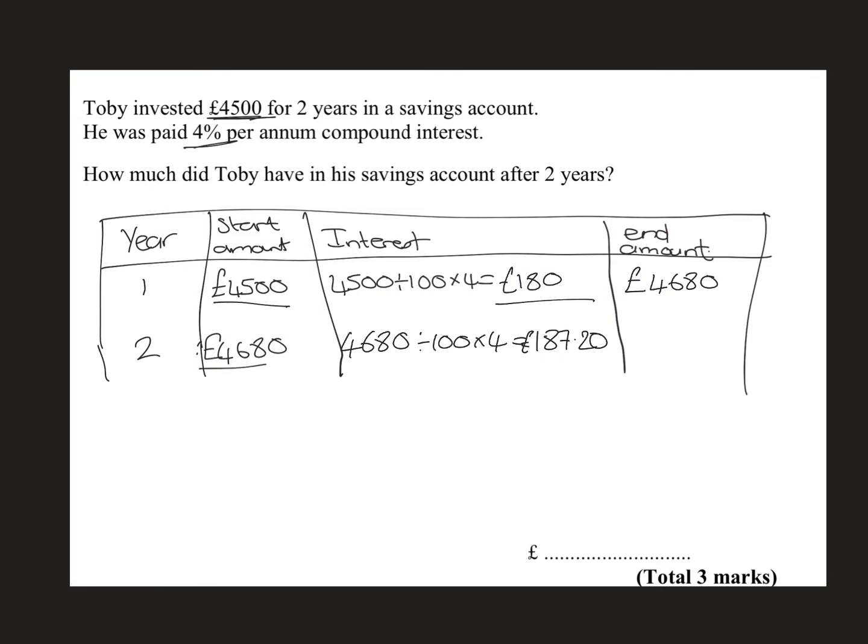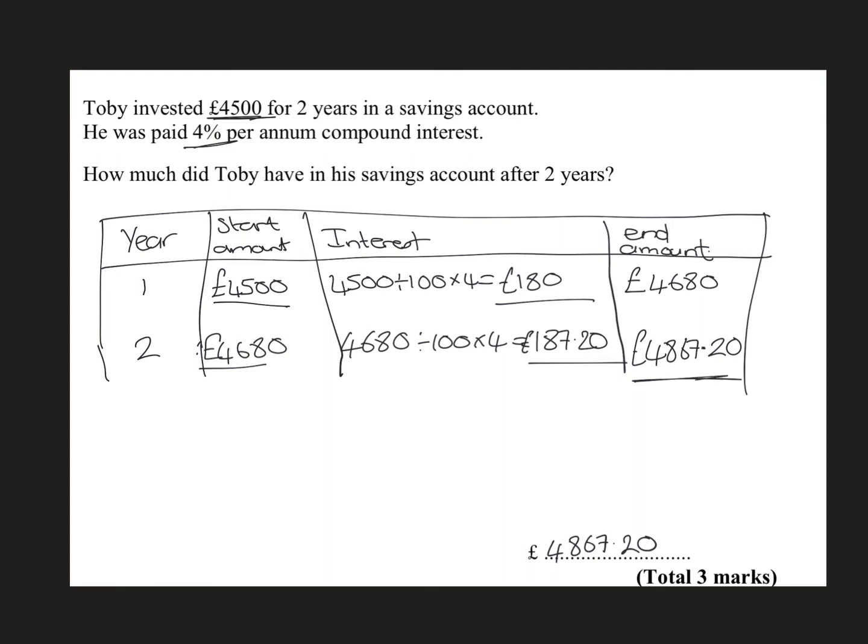So we're going to add that on to our 4,680, which gives us a total at the end of the second year of £4,867.20. So it says how much did Toby have in his savings account after 2 years? So after 2 years, he had £4,867.20.